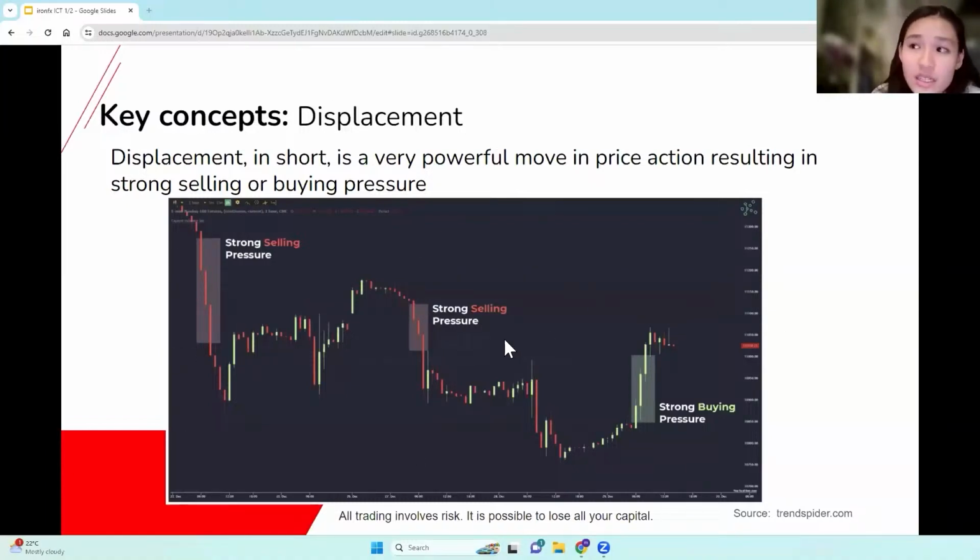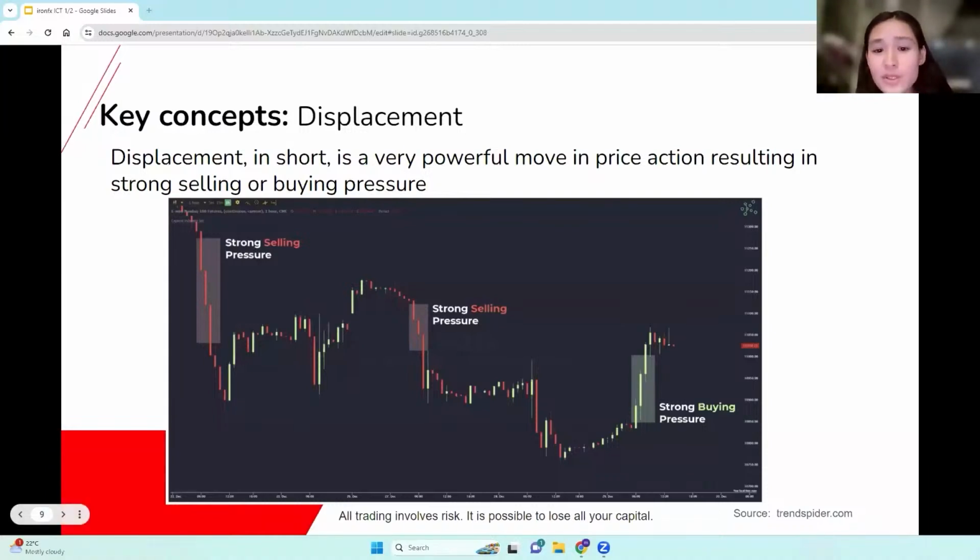You can see in the image here, strong selling pressure would look like these candlesticks, which have large real bodies and very short wicks, and that suggests there is very little disagreement between buyers and sellers. If we are looking at strong buying pressure, like the one we see over here, similarly, the body of the candlestick is long, whereas the candle wicks are pretty short.